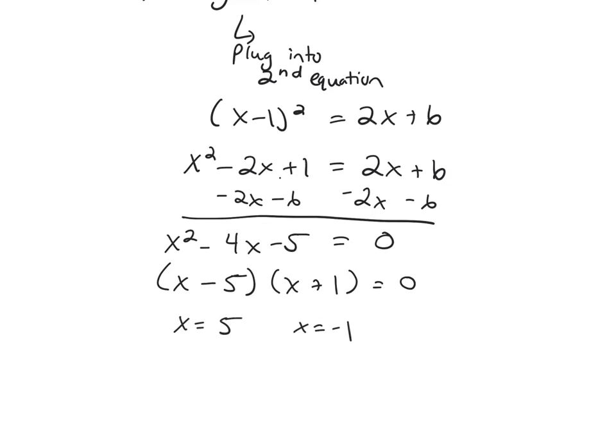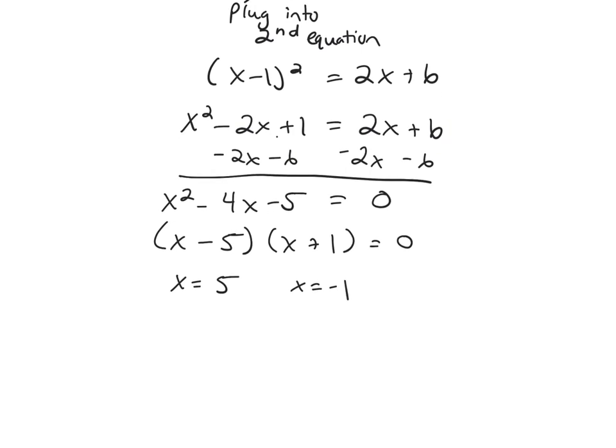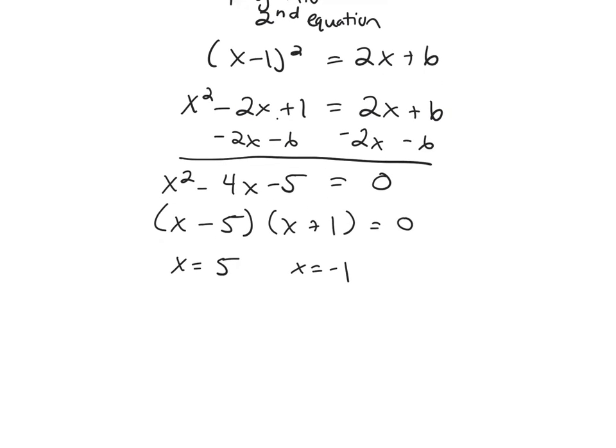I have y equals x minus 1, and y squared equals 2x plus 6. You can plug these into either one. I think the first one's easier, hopefully you do too.